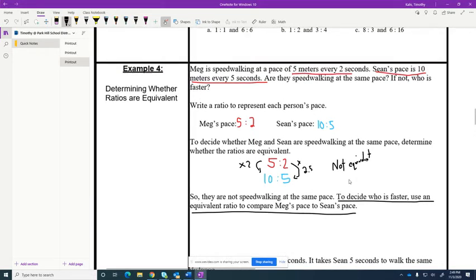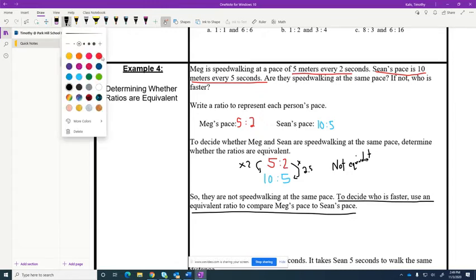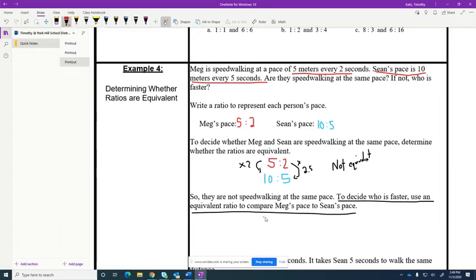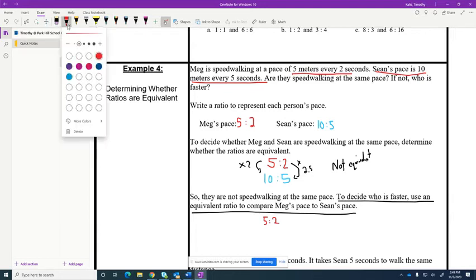And so to write an equivalent ratio, we're going to use Meg's pace of 5 to 2. So that's Meg. And then Sean, we're going to use the same distance of 10 meters.